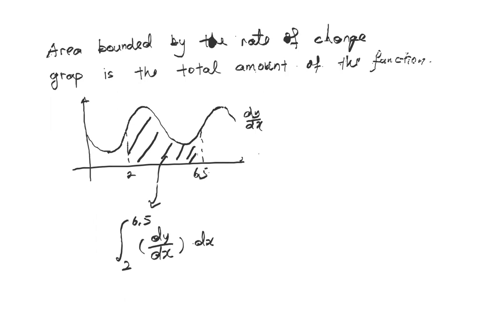Correct? So I have to write the expression, integral from 2 to 6.5 of 8 minus 4 sin(pi/2 x) dx. If I say by calculus, then you have to integrate.